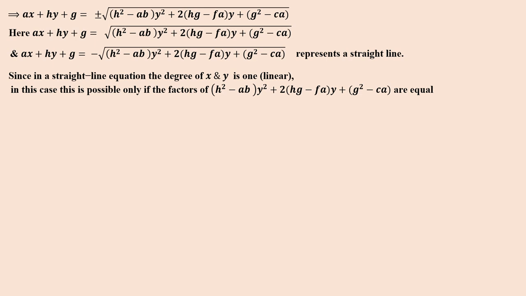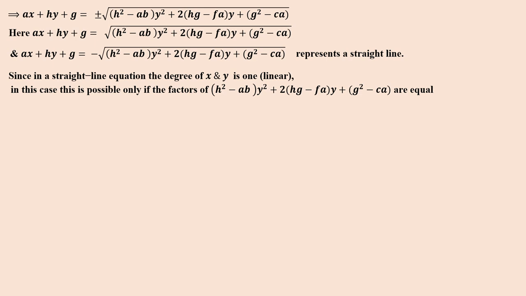So in this case, these two lines, ax plus hy plus g equal to root of (h square minus ab) y square plus 2hg minus fa y plus g square minus ca, then the second line with the minus term of the root, right?